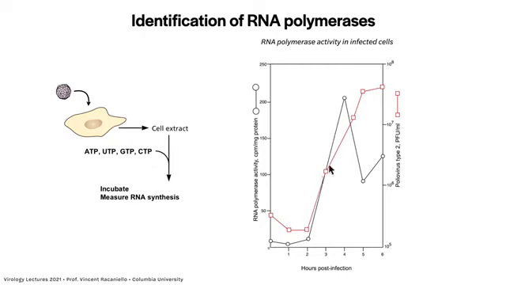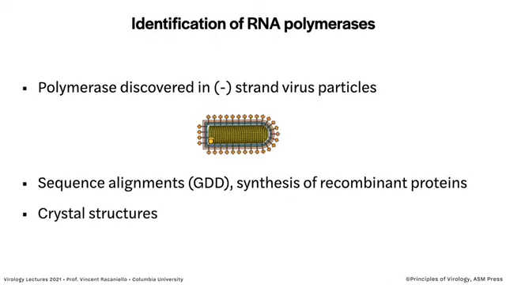And at the same time, virus is being made as well. So that was the first evidence that there is some activity in cells that can make RNA. And if you do this in uninfected cells, you don't see anything. There's no incorporation into RNA because cells don't do this. They don't make RNA from RNA. So that was an RNA polymerase in an infected cell.